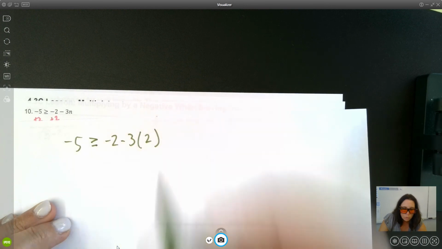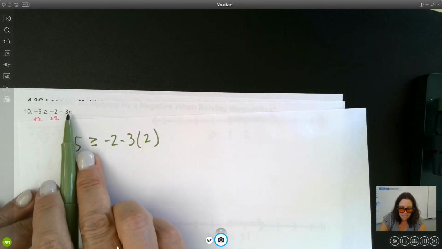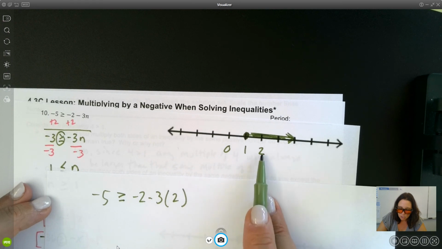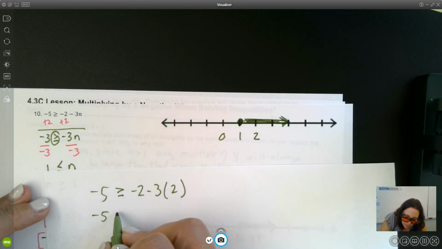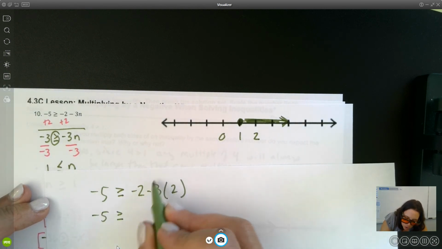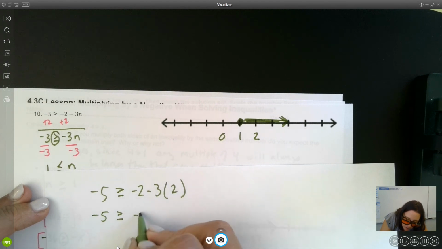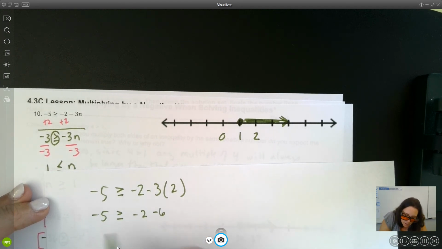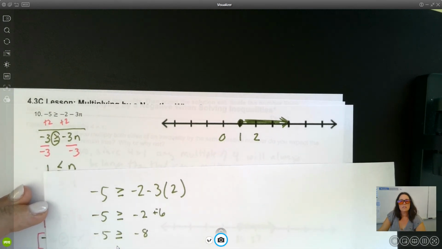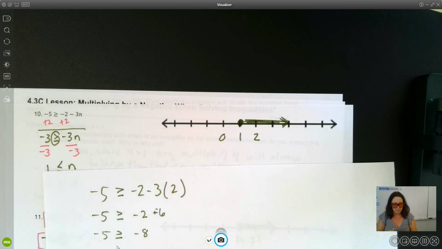If we put a 2 in place of n, so I replace that n with a number that should work. This is a solution because it's shaded here. This would be negative 5 is greater than or equal to, make sure you do this multiplication first before you do this subtraction. Negative 2 minus 6. So think of this like this. Negative 5 is greater than or equal to negative 8. Yes, it is. Okay, we just checked that one.